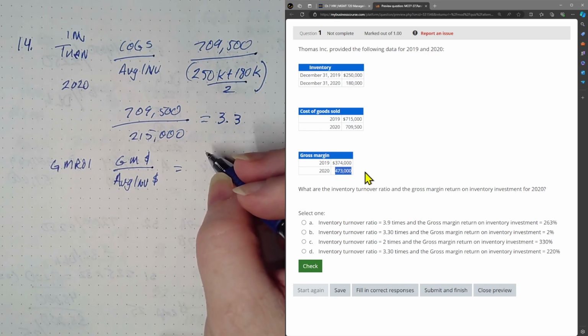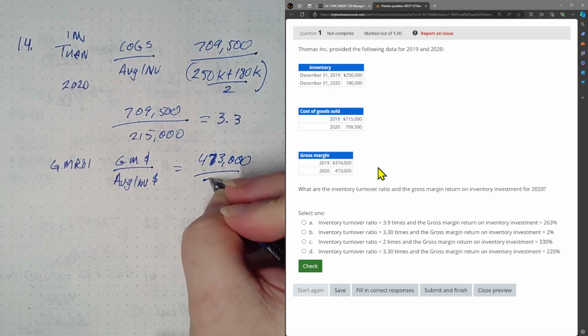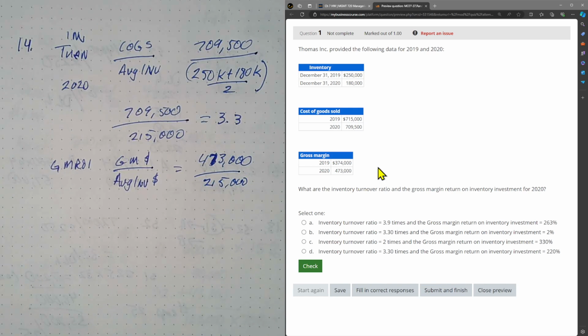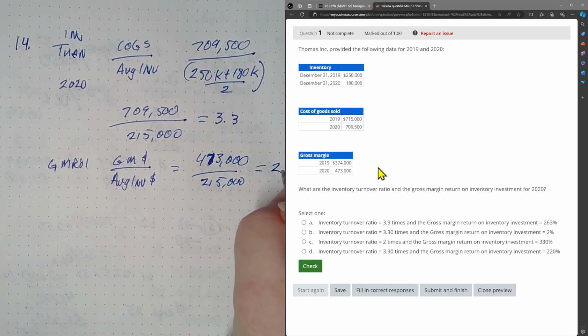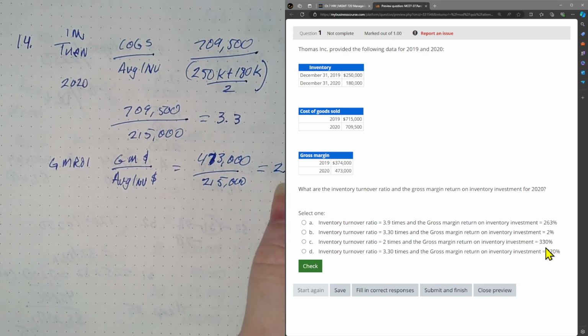So that would be 473 divided by 215. And that comes out to 2.2. And it looks like they want it in percentages. So remember, 1 is 100%, 0.1 is 10%, right?